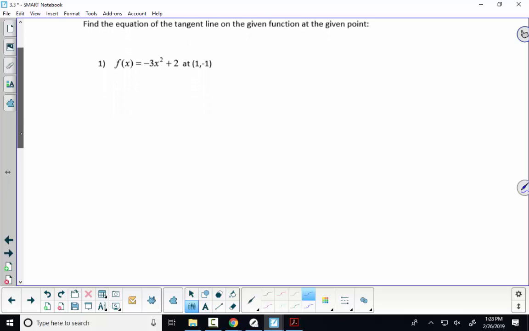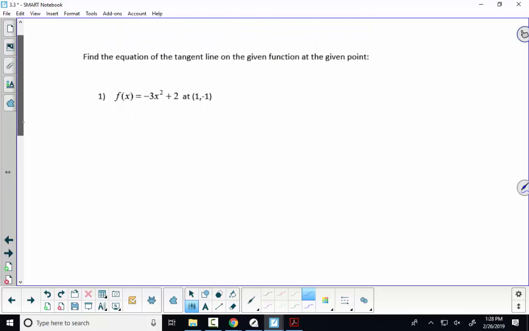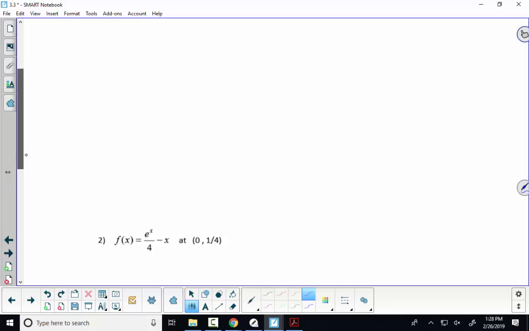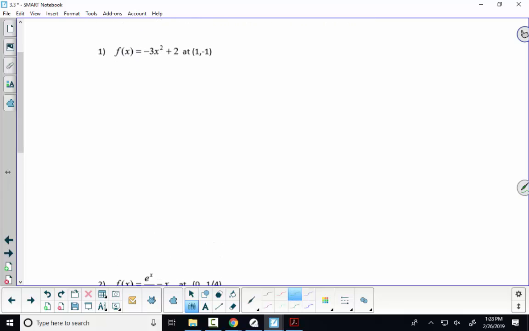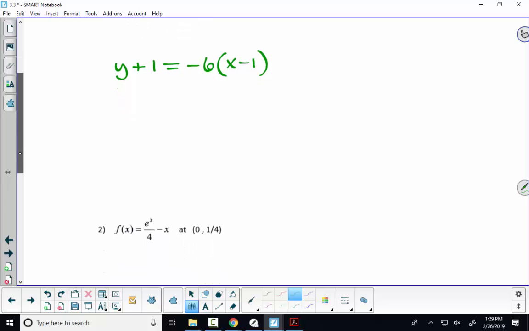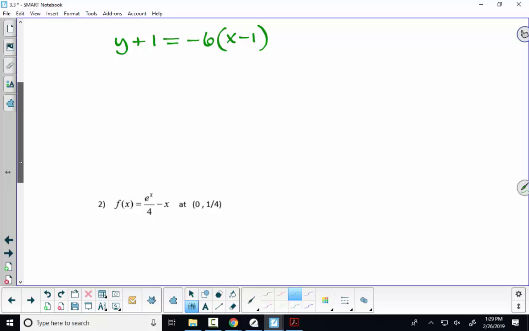We're behind, so I'm going to skip these two examples, just finding the equation of the tangent line at the given point. If you do want to work these as additional practice, I'll write the answers down, but I'm not going to work these. So number 1, you should get y plus 1 equals negative 6 times x minus 1.